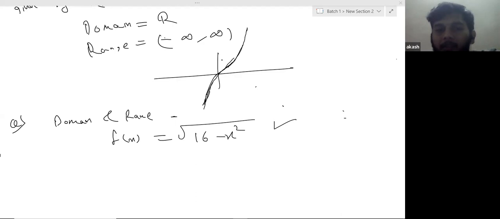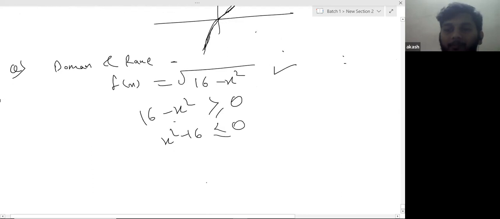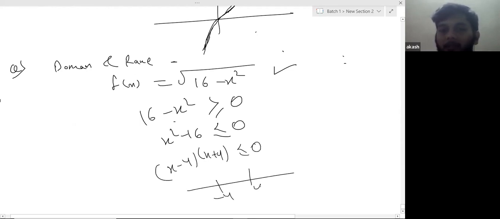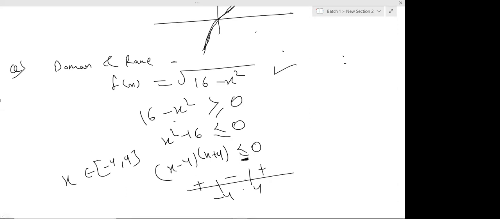The domain: 16 minus x square should be greater than or equal to 0. Let's make it positive: x square minus 16 should be less than or equal to 0, the sign changes. Factorizing, plus minus plus. We want less than 0, that means the negative sign, so x would be from -4 to 4. Clear? Yes, sir.